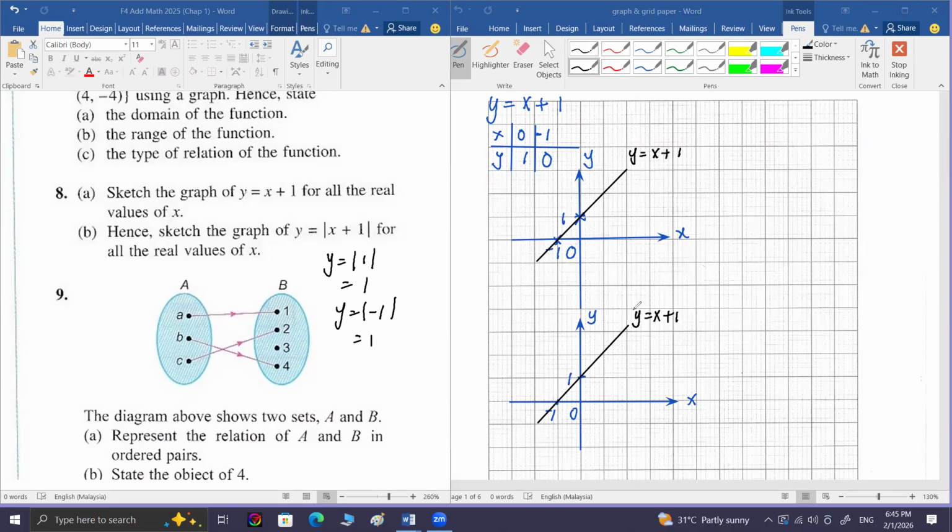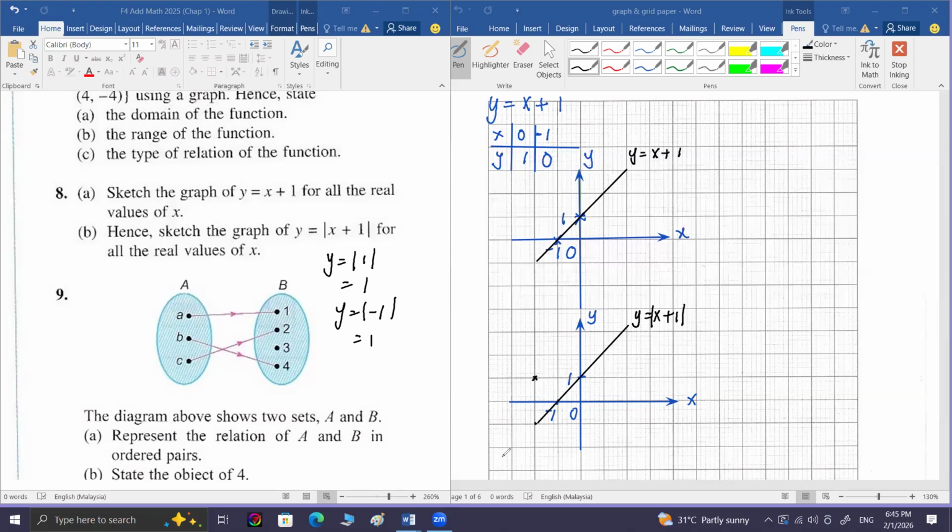But when I ask you to change it to modulus, any below the x-axis, can you see this line? Can you see below this line? We'll reflect it up. We do the reflection. Can you see this point? We reflect it up.